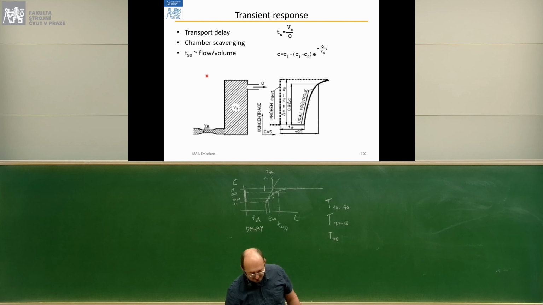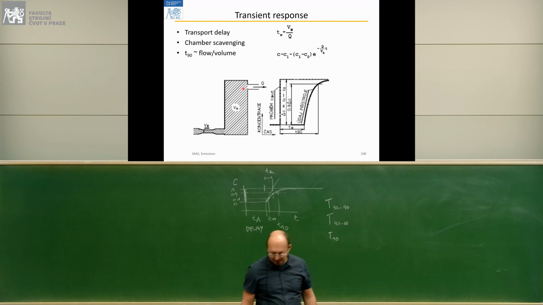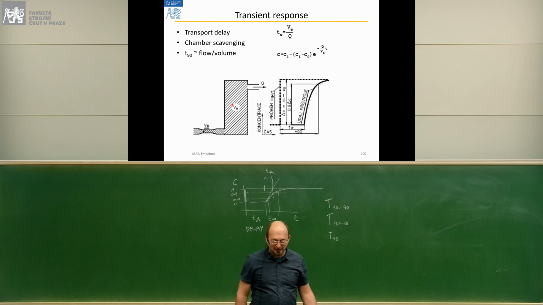If you design an analyzer and increase the flow, you increase the scavenging rate and you decrease the response time. However, if you increase the flow too much, then you get turbulent mixing here, and if you get turbulent mixing, then you increase the response time because you never get the old sample out.